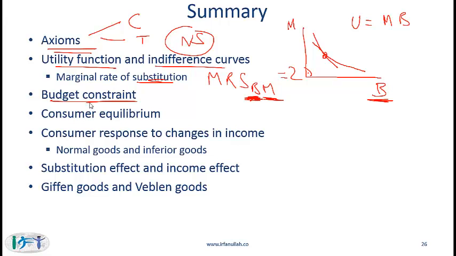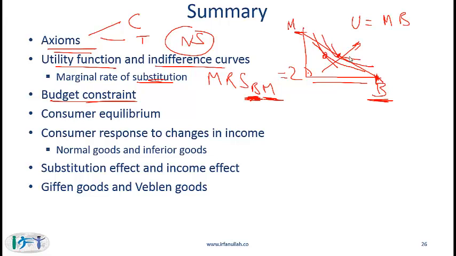A budget constraint typically will be a line like this, where the slope of the budget constraint is given by the price of the x-axis item divided by the price of the y-axis item. The optimal bundle will be the bundle where the budget constraint is tangent to the indifference curve, so that we will be on the highest possible indifference curve.